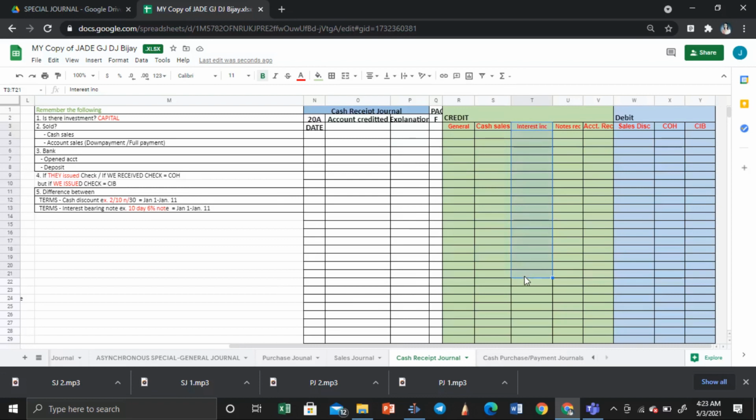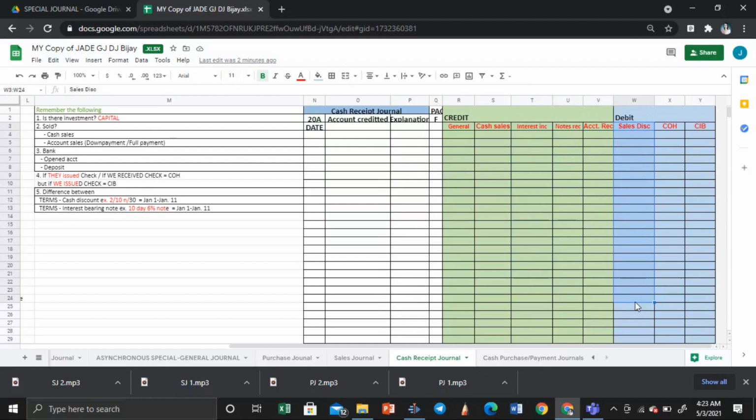Dahil nga ito ay more on sales, dun sa mga tao na may interest-bearing note yung transaction nila, pag nagbayad na sila sa atin, yung patong natin doon, or yung tubo natin doon, dito natin nilalagay. Notes receivable amount, of course, accounts receivable.